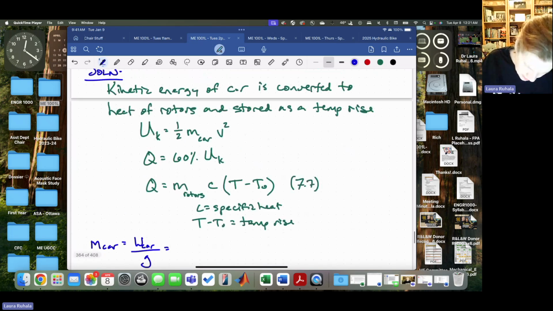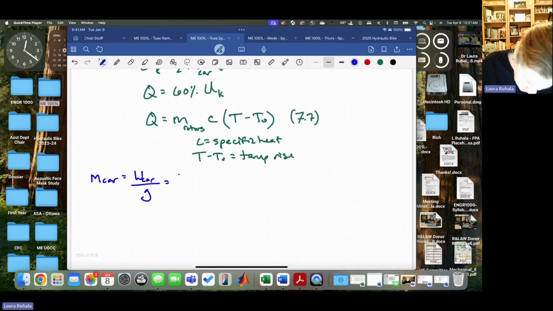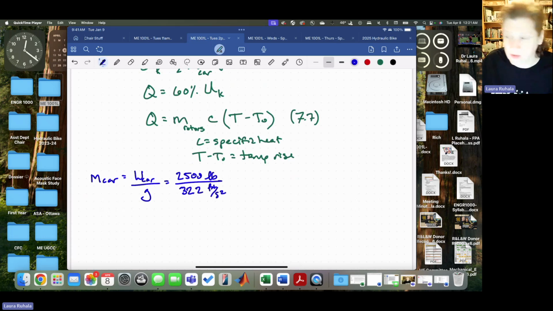So that would be my 2,500 pounds divided by 32.2 feet per second squared. What unit will this give me?